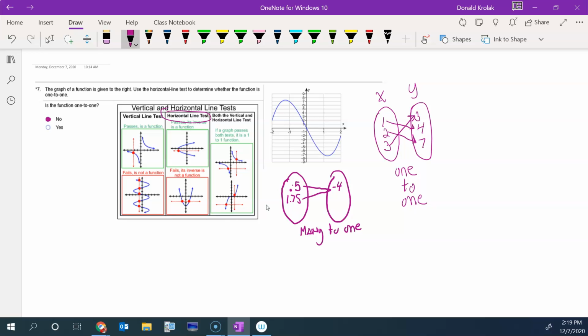But let's say I restricted the domain and just look at this part of the graph between -1 and 1. Does it pass the horizontal line test? The answer is yes. So in order for this function to have an inverse, we have to restrict the domain between 1 and -1. Otherwise, it does not have an inverse.